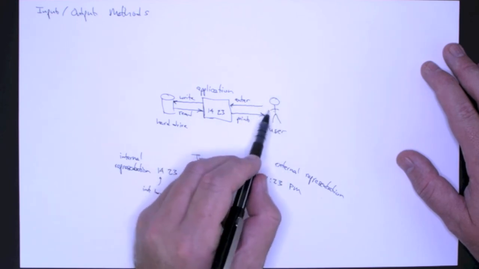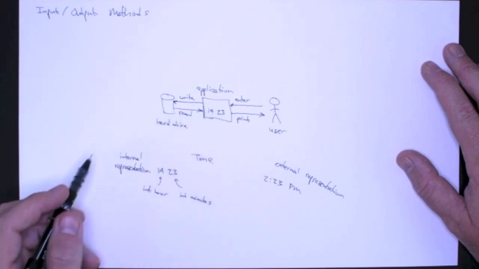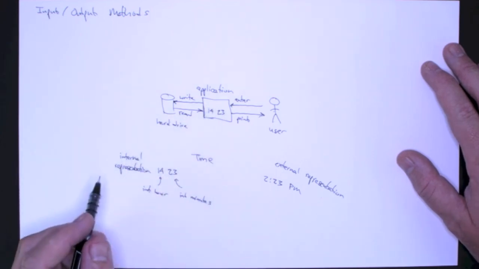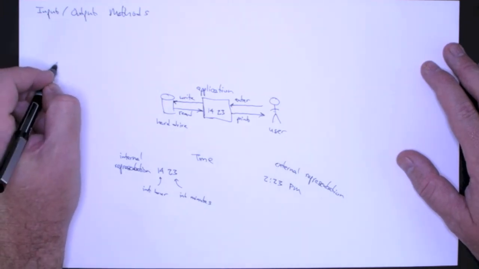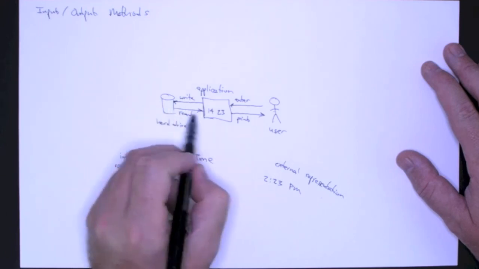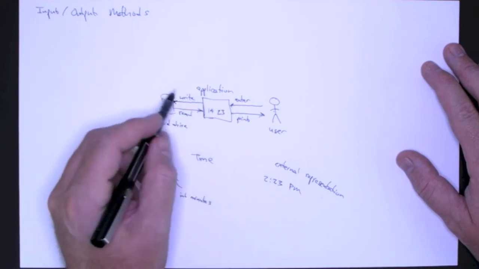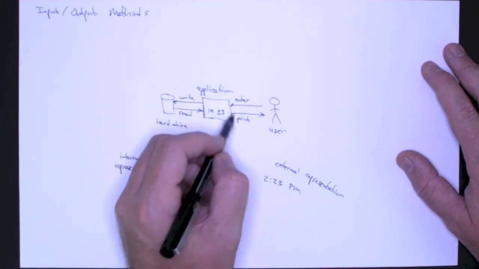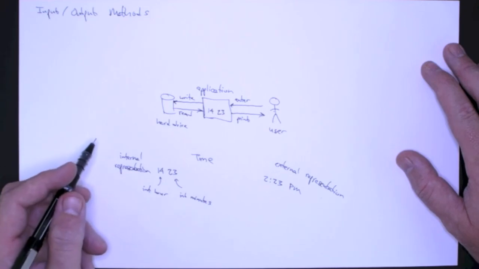When the user entered this information through the enter method, I would convert it and store it in the application using the internal representation. So input and output methods, we're going to need a read method and a write method for the application to communicate to and from the hard drive, and then we're going to need an enter and a print method for the application to communicate with the user.